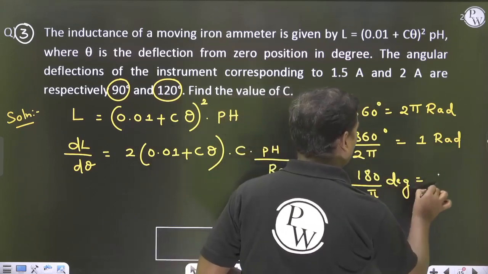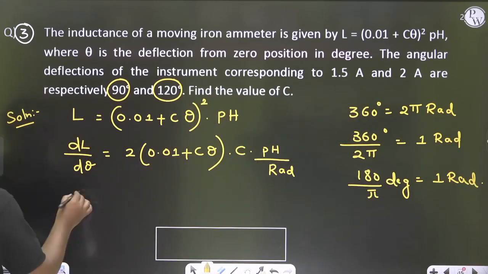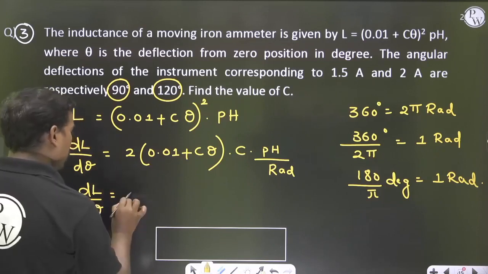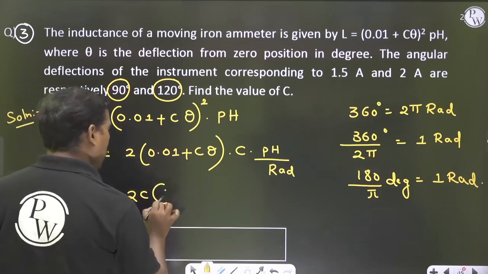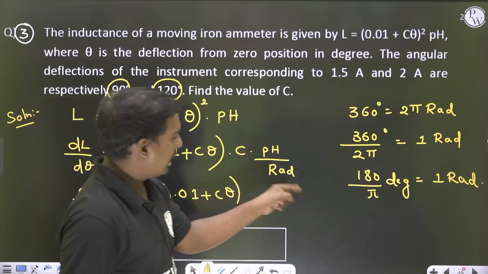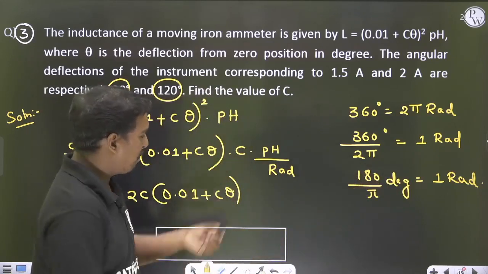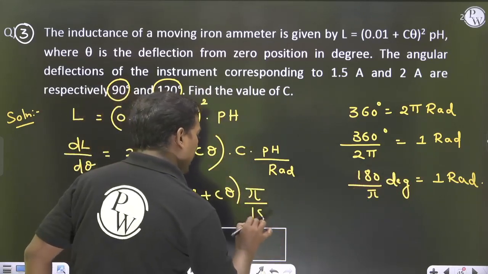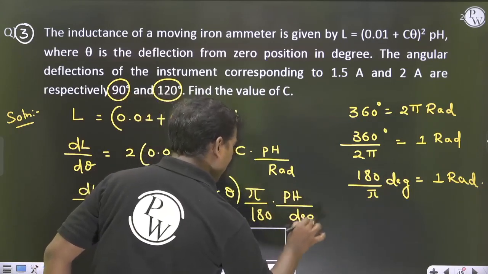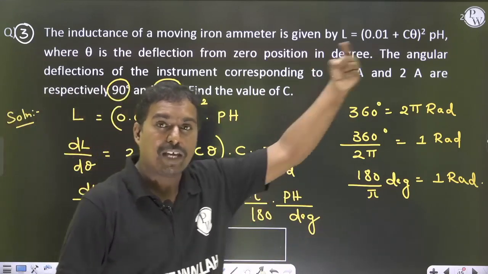If we substitute that here, the dL by d theta expression will become 2C times (0.01 plus C theta), and substituting 1 radian as 180 by pi degrees, pi by 180 picohenry per degree. Understand? This conversion is required because our deflection is in degrees.